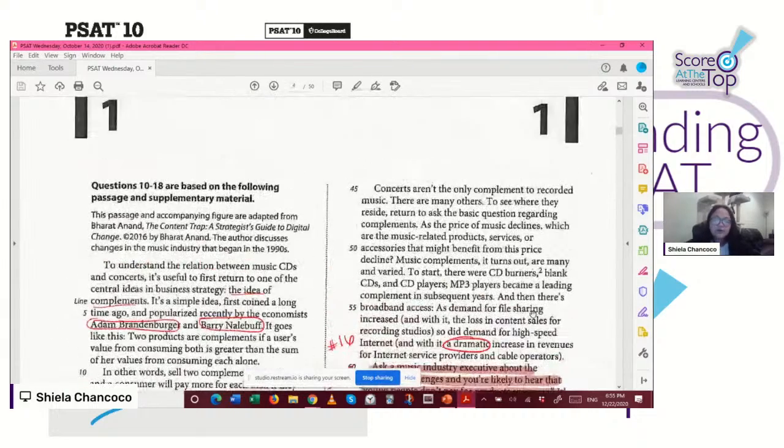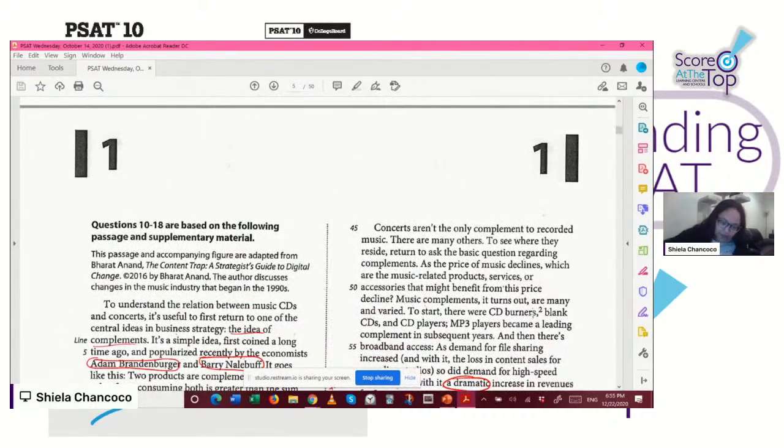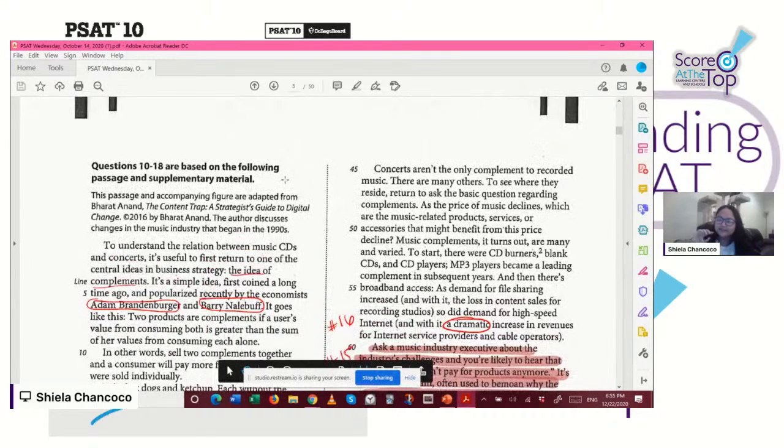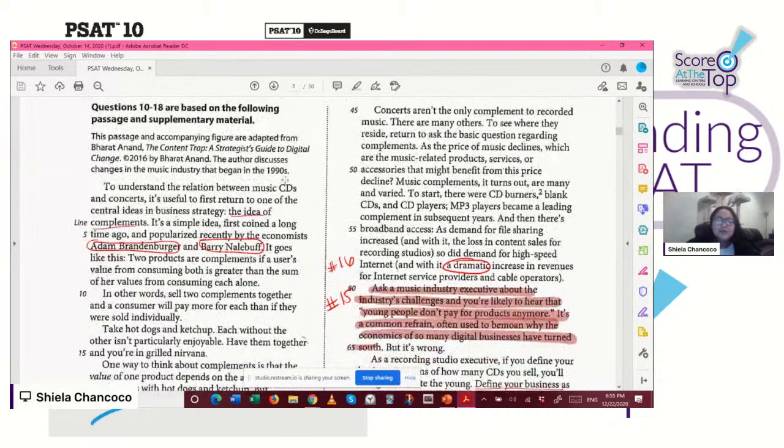All right, so we're moving on to the next one. This one actually was a little rough, I feel like, for someone taking the PSAT, because it was a lot of jargon, economics jargon. Even though I've taken multiple economics classes, I can see why this would trip up some students.